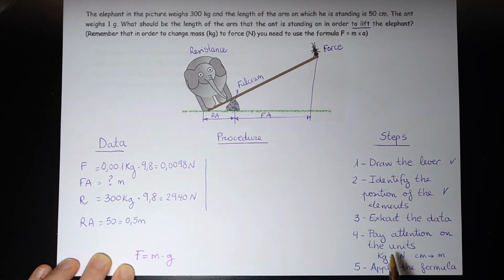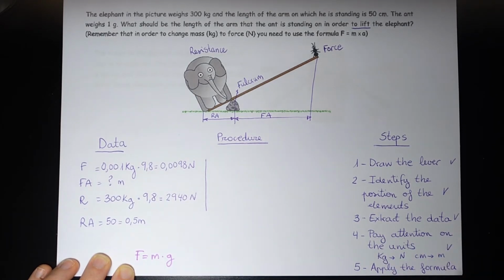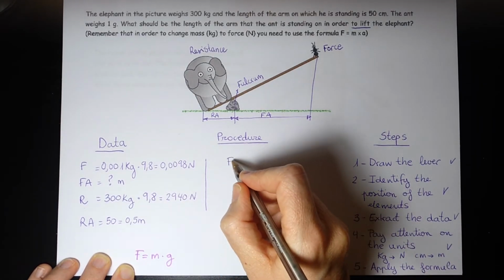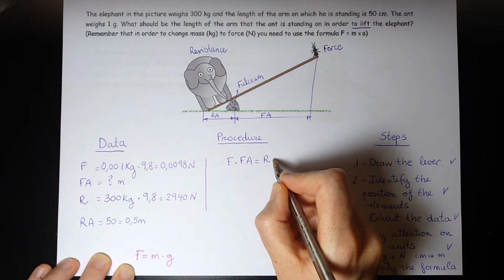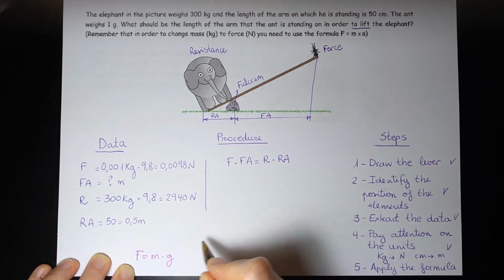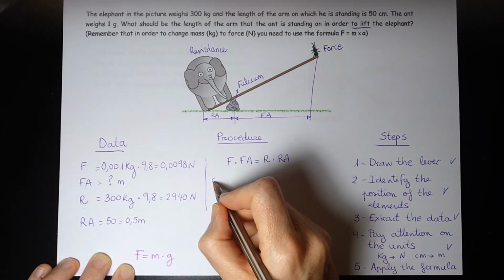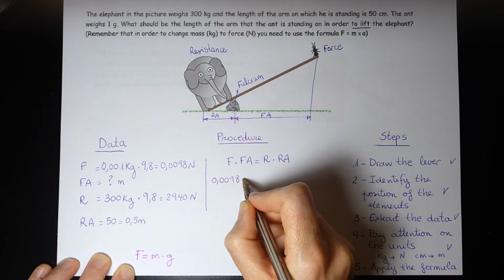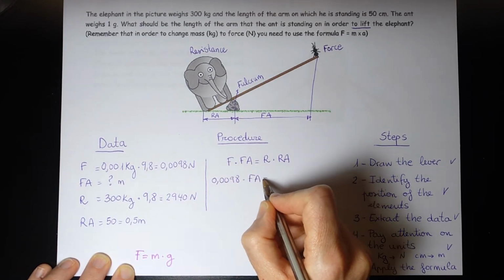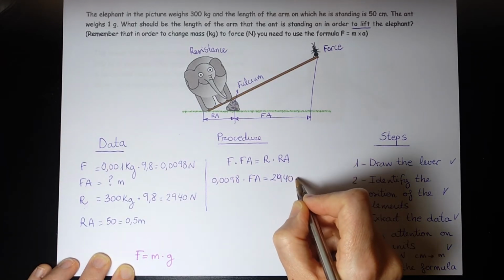Once we have everything and we have paid attention to the units, we are going to apply the formula. Force times force arm equals resistance times resistance arm. And now we have all the elements, so we can substitute the values. Force arm equals that.